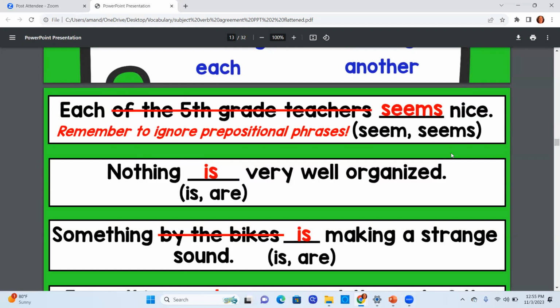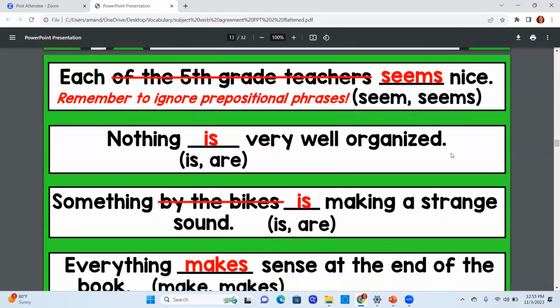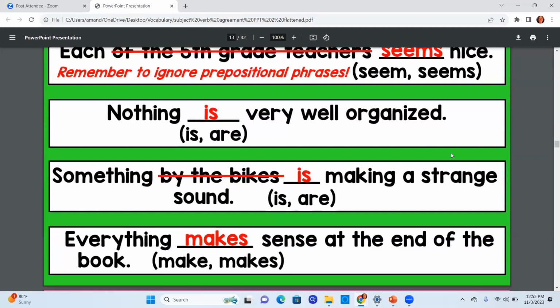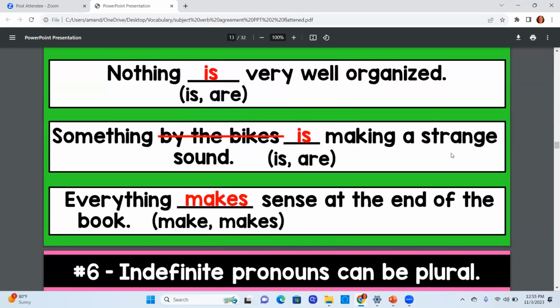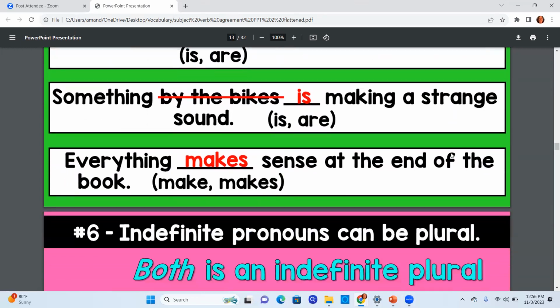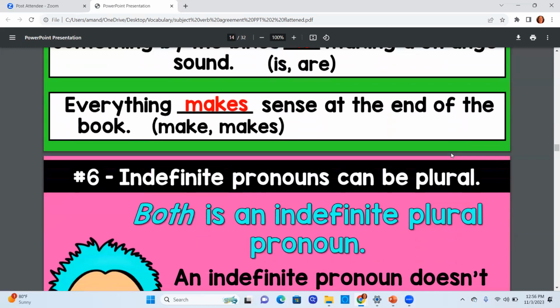So each seems nice. We can cross out the prepositional phrase of the 5th grade teachers. Another example, nothing is very well organized. The next one, we'll cross out the prepositional phrase by the bikes and we'll say something is making a strange sound. So there's another example.